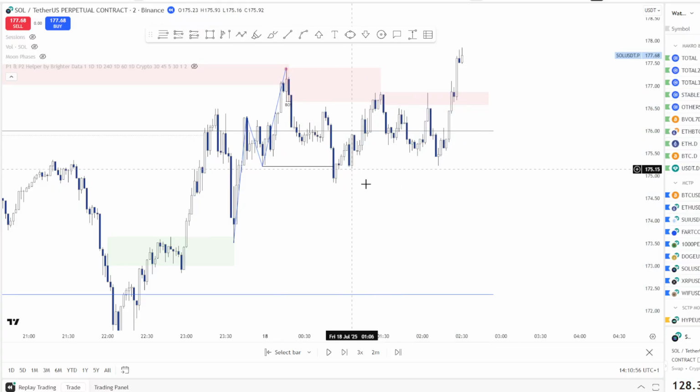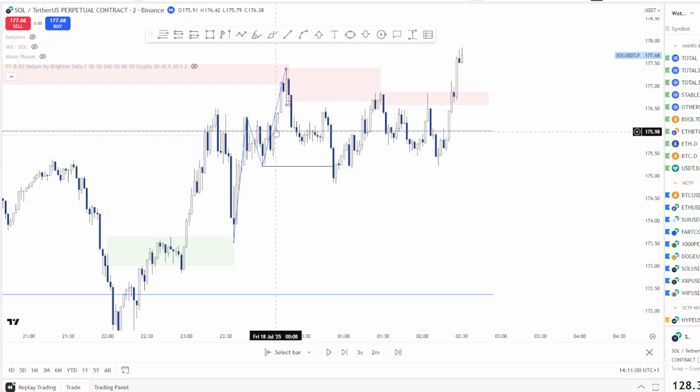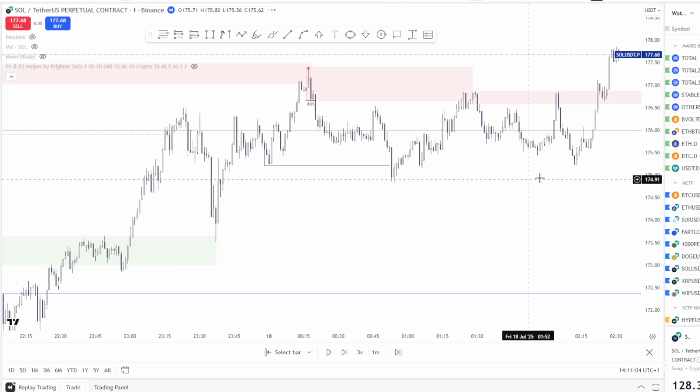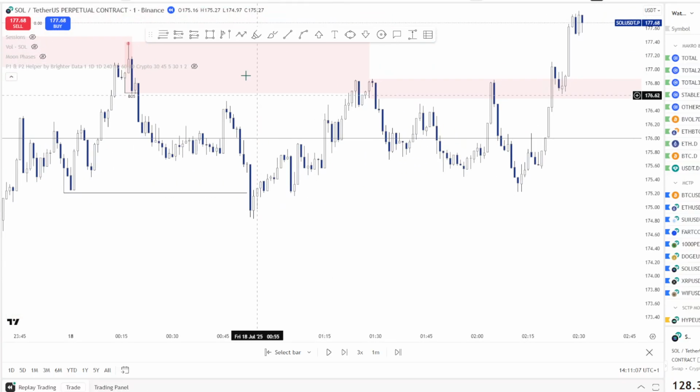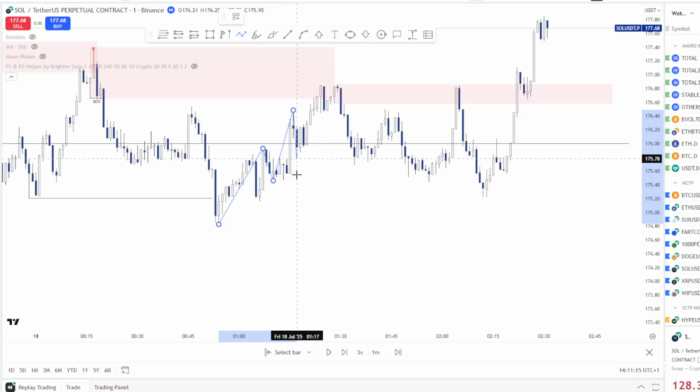So basically we broke here the 2-minute structure. You could have waited for a level 2 break, but yeah, I think because of the context it's not really high probability.